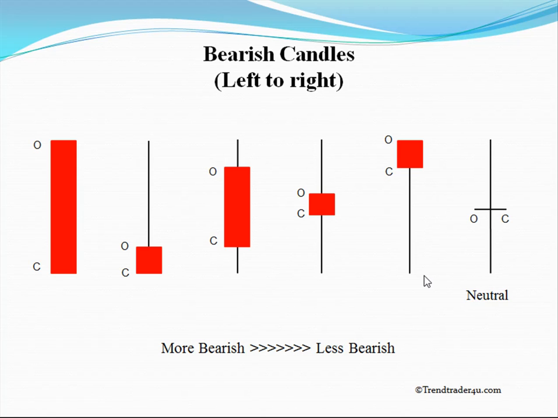Like I said in my other presentations, I'm more of a technical guy. I feel that technically all the fundamentals are built into the charts. Because what exactly is this?